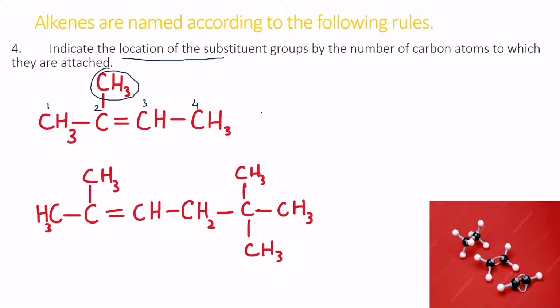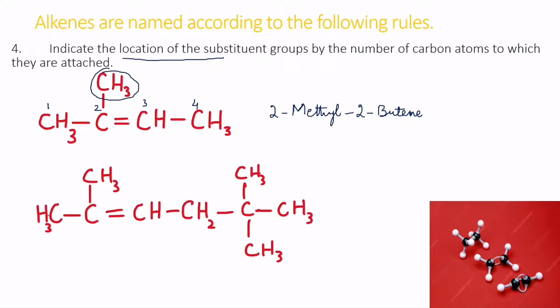The methyl group is attached to carbon number 2. So I will write 2, followed by the name of my substituent, methyl, 2-methyl, and then write the name of the chain, which is 2-methyl-butene.